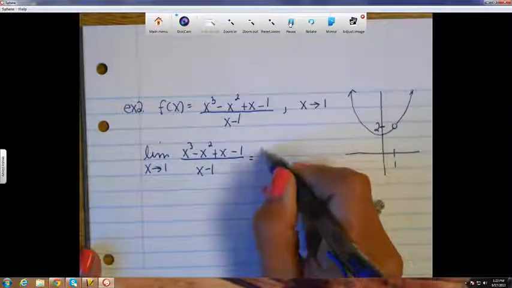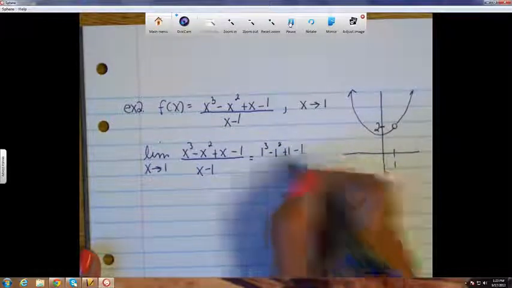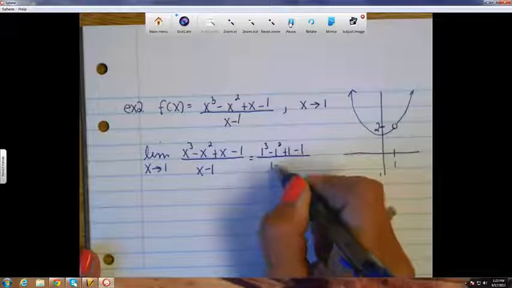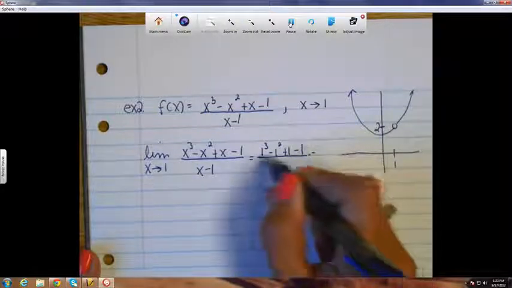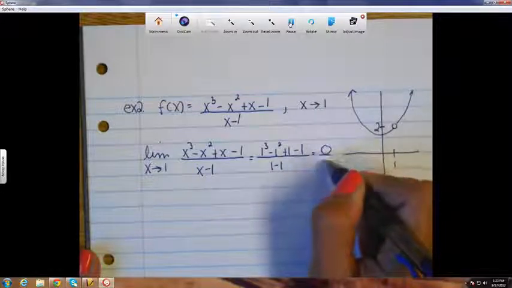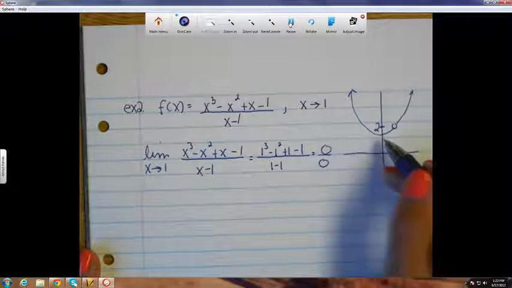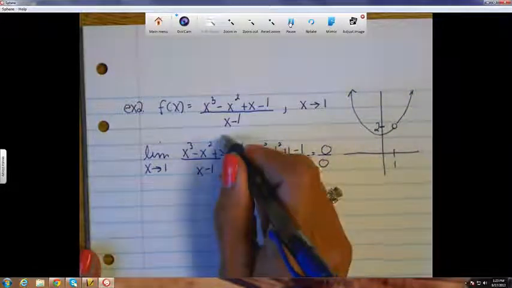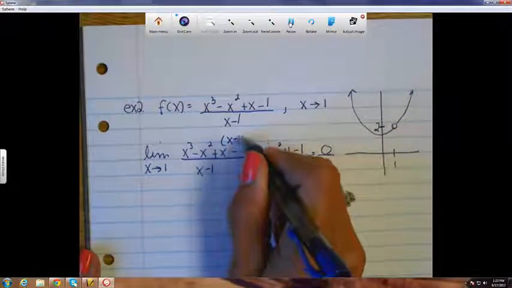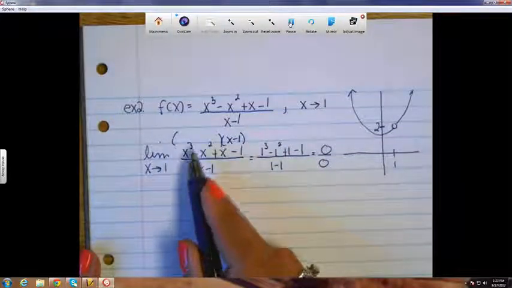So 1 cubed minus 1 squared plus 1 minus 1, all over 1 minus 1. 1 minus 1 is 0, 1 minus 1 is 0, so 0 over 0. There's our indeterminate form. We can remove that discontinuity. I know that x minus 1 is one of the factors, but this is not a nice quadratic where the other one's a binomial.